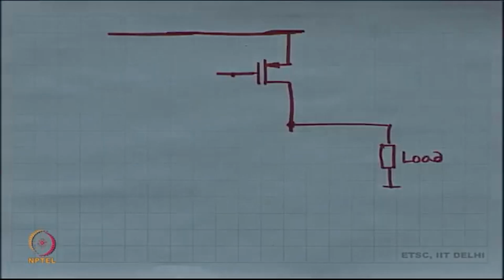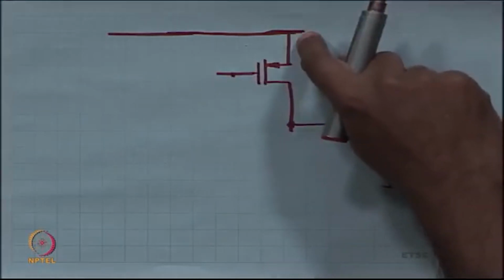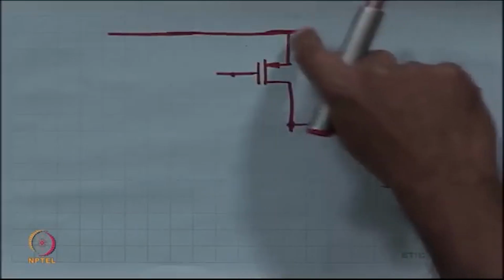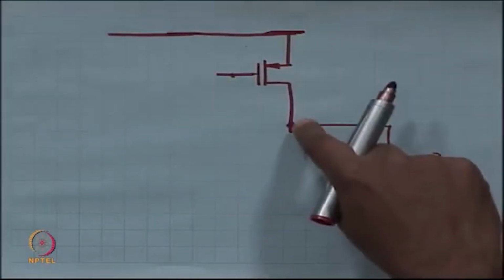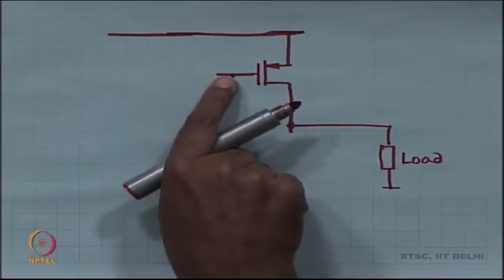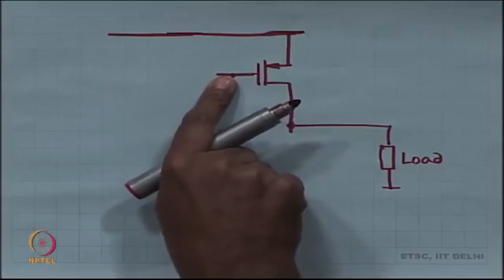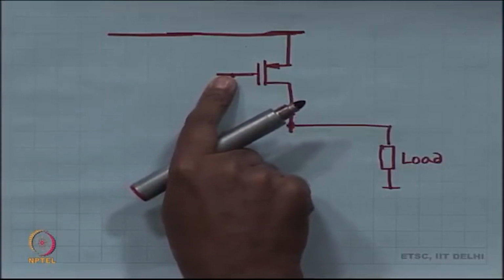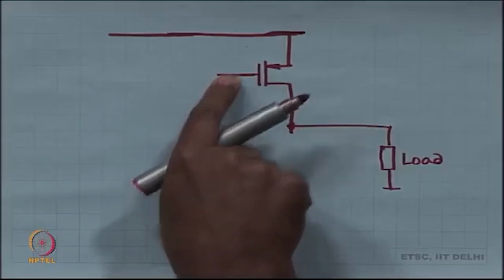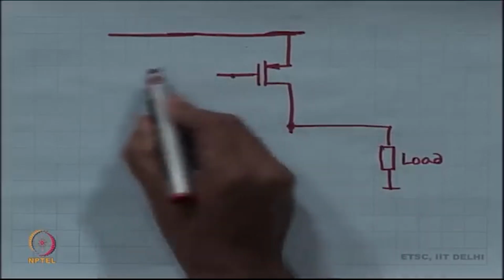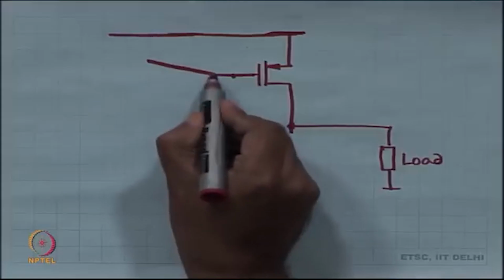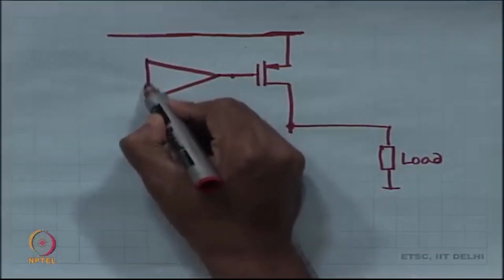If the input is at the source, dirty supply has a small signal, there it looks like a common gate amplifier, but the output of the op amp is at the gate, there it looks like a common source amplifier. So, we are going to do exactly the same thing.